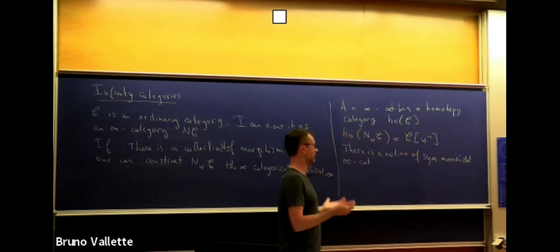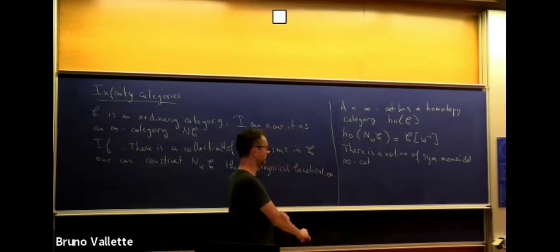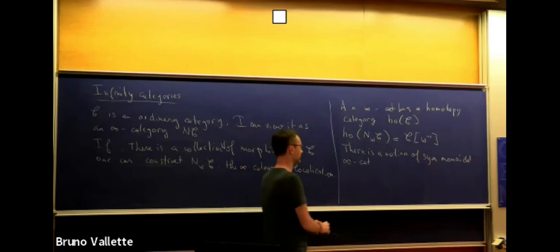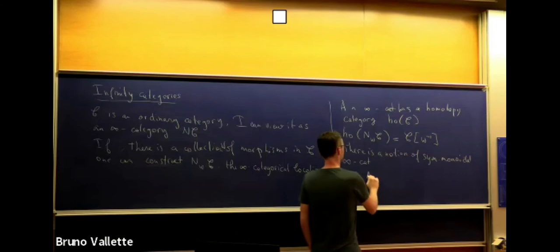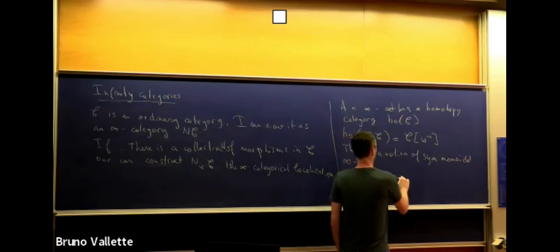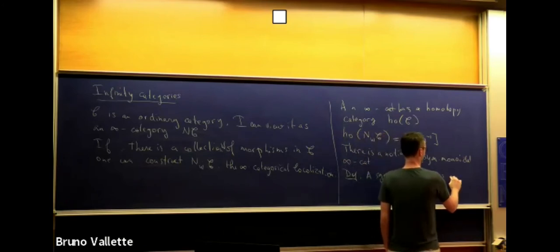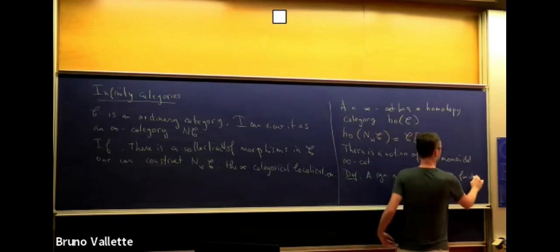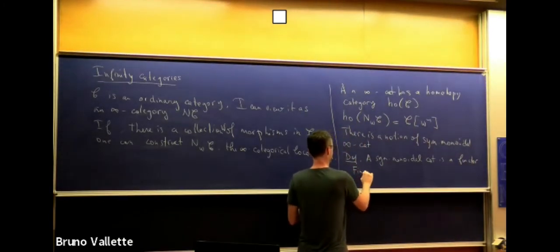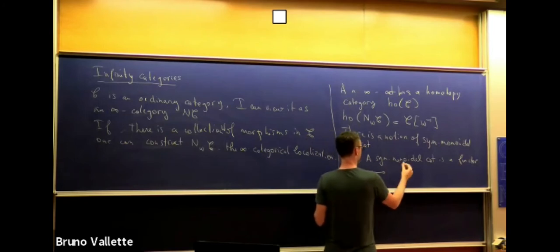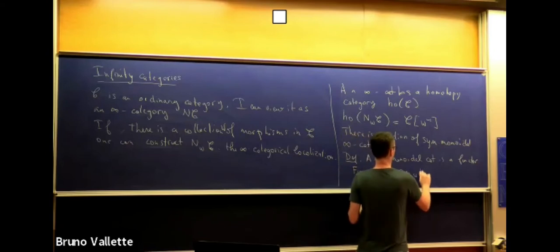That's the way you can encode a homotopy commutative multiplication in homotopy theory. And here what you do is, a symmetric monoidal category is a functor from the category of finite pointed sets into infinity categories, which satisfy the Segal condition.